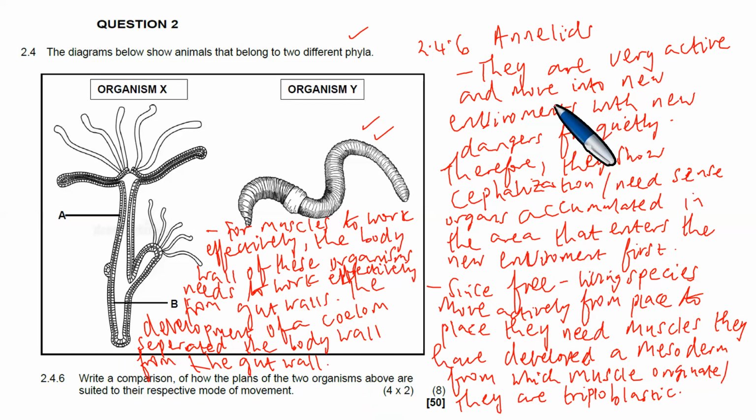So we are just describing the movements of organism Y versus organism X. Take note of this. We're yet to look at these in great detail. I'm sure that you shall be able to understand the different phyla of organisms that live in our environment.